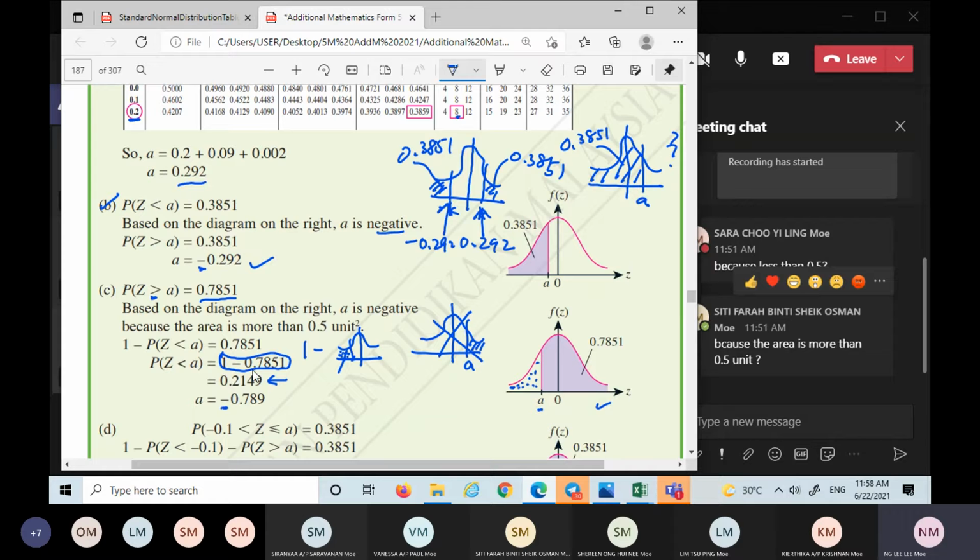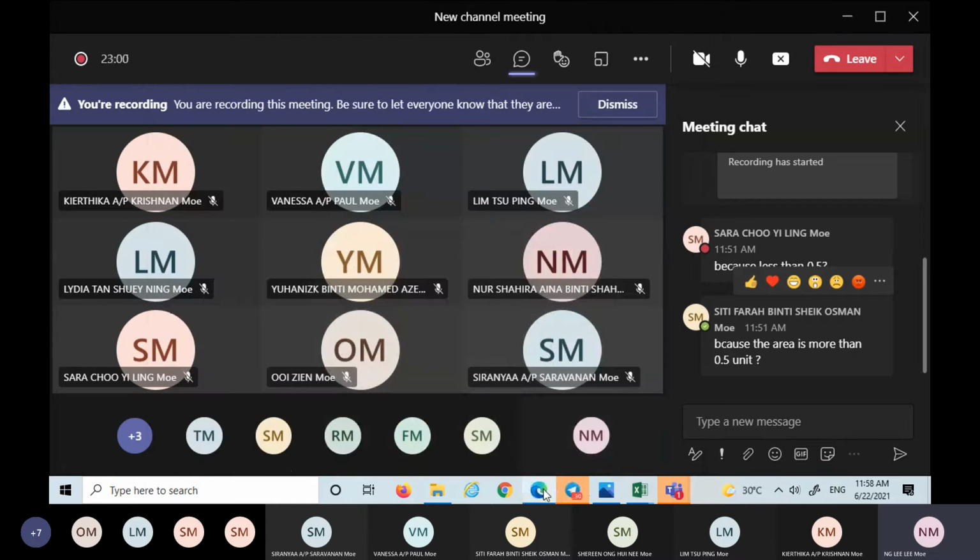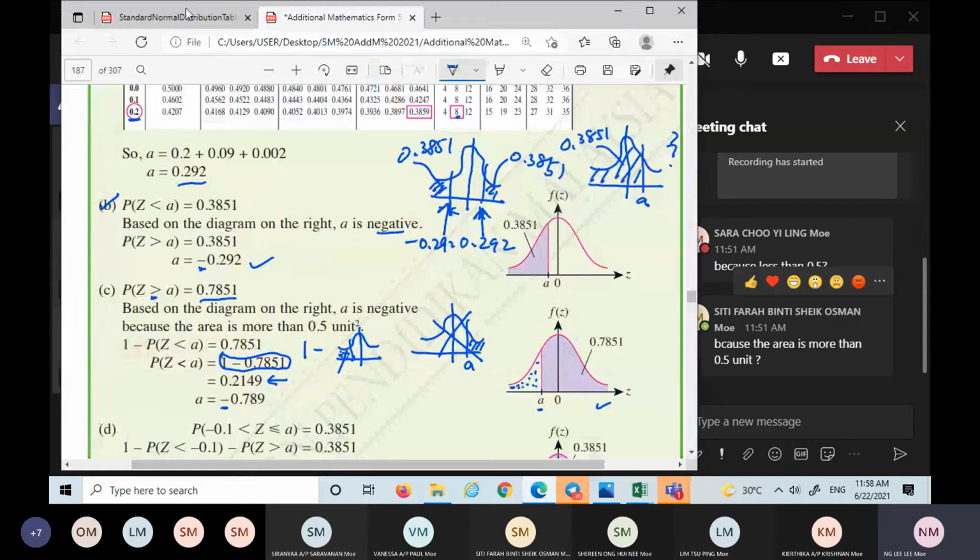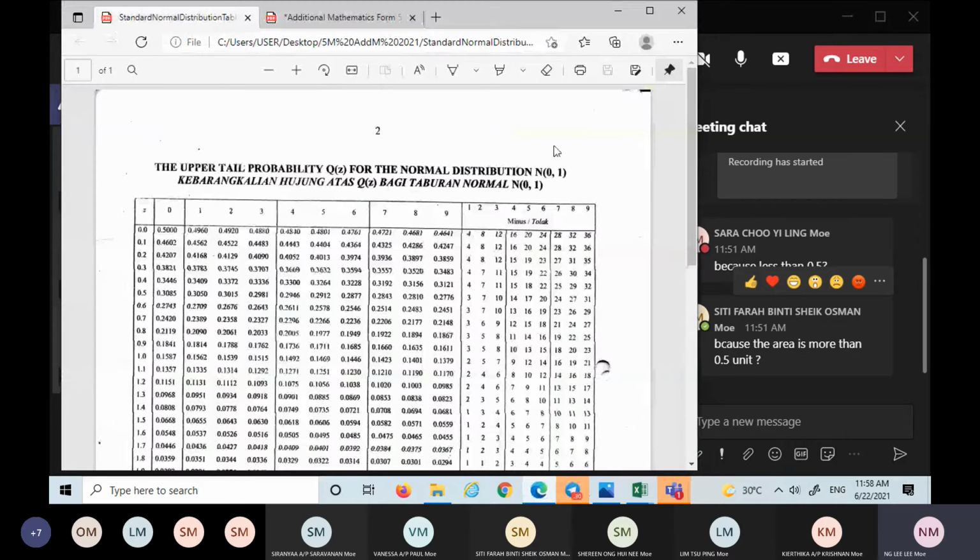Here, this one, you need to read from the table inside out. Now I call out my table. 0.2149. Table where? This one. Sorry. 0.2149.